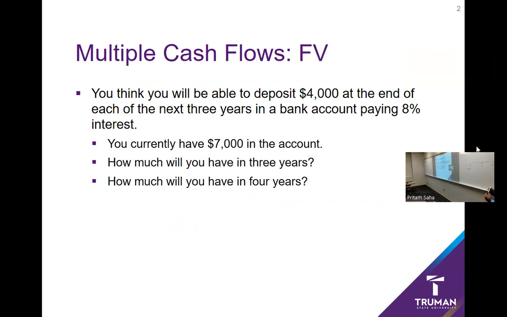You currently have $7,000 in the account. How much will you have in 3 years and how much will you have in 4 years? Your first job is to identify the cash flows in the timeline. If we summarize the information, can you tell me the cash flows at different periods you're thinking of?